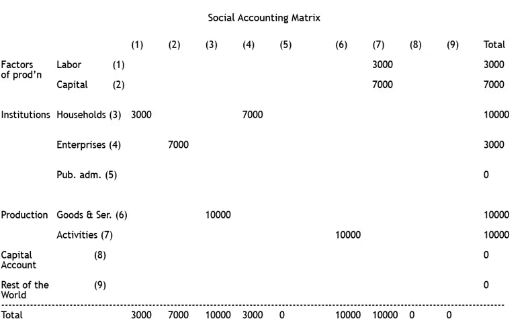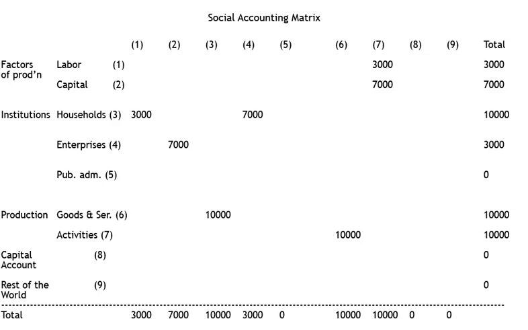And so with this income, households can spend money on the consumption of goods and services for a total amount of 10,000. So you remark that the total of column 3, 10,000, is equal to the total of row 3, 10,000. And it's true for every row and column.